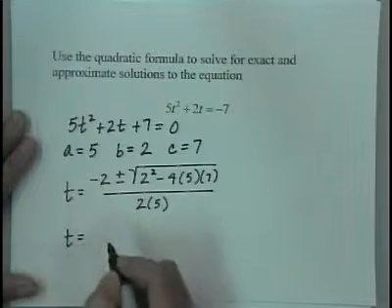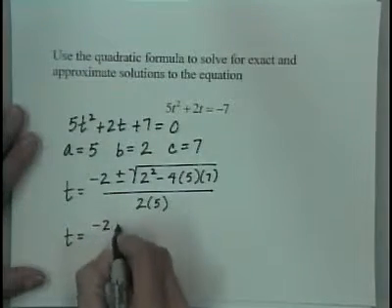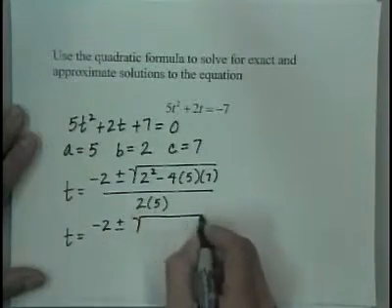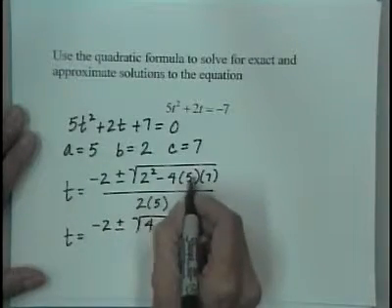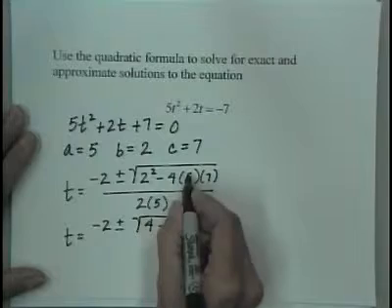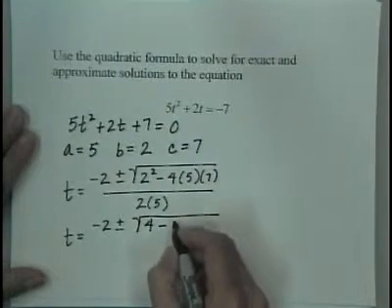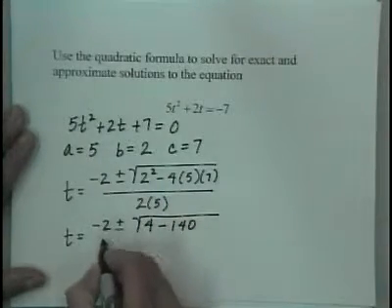Continuing, t equals negative 2 plus or minus the square root of 2 squared, which is 4, minus 4 times 5 is 20, times 7 is 140, over 10.